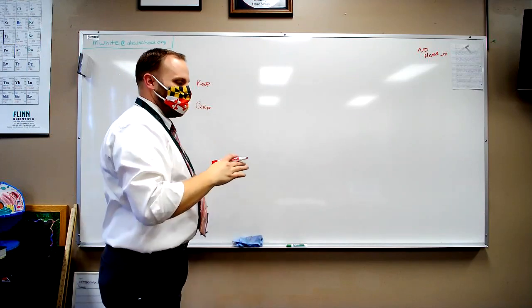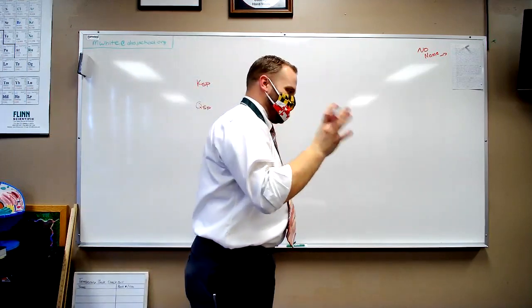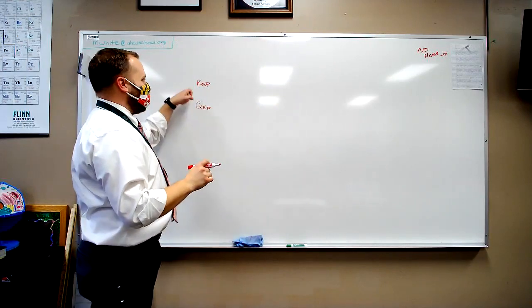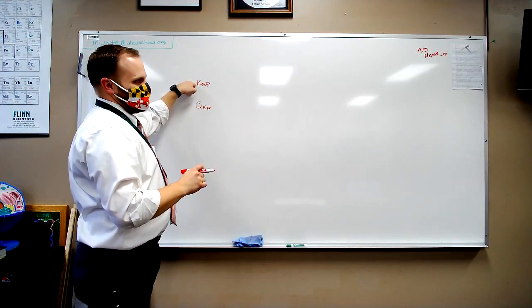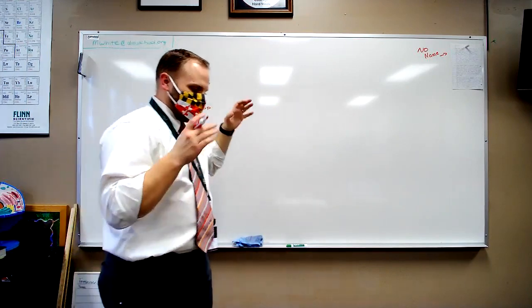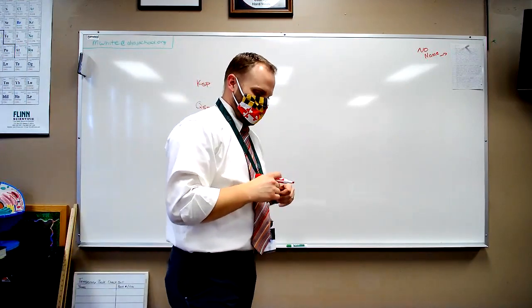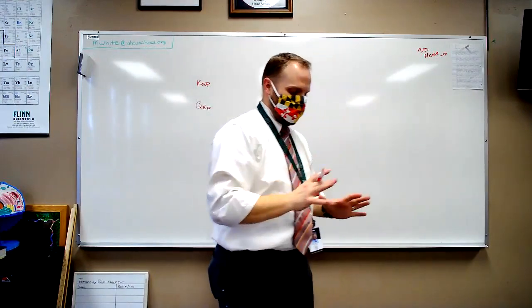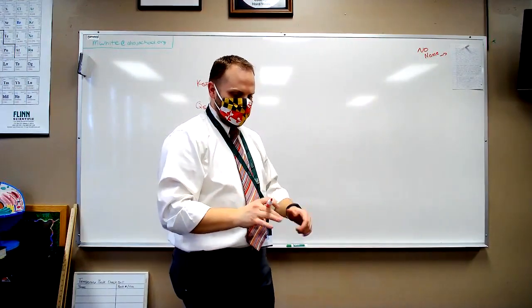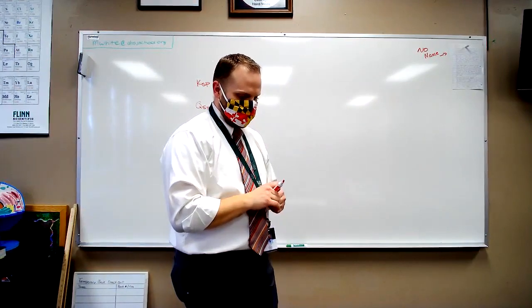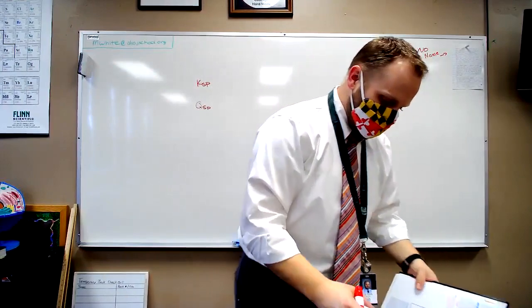The QSP is exactly the same as the KSP, except K indicates that we are at equilibrium. Q is our starting conditions. So that probably doesn't really make a lot of sense yet, but let's do an example, and we will see if we can clear this up a little bit.